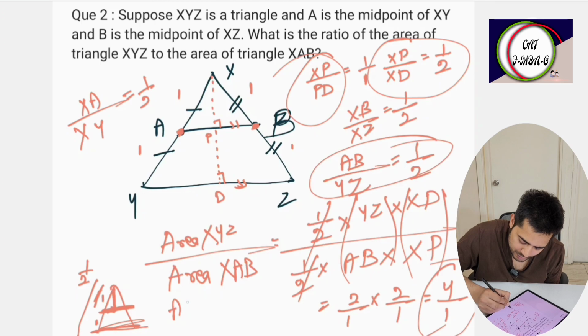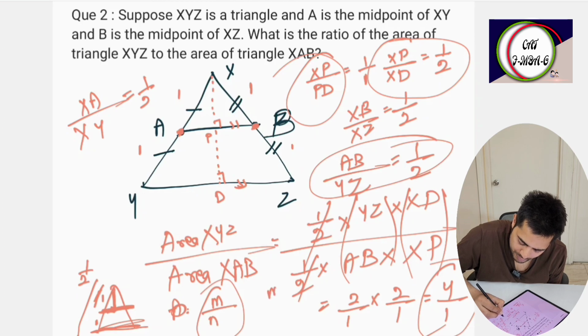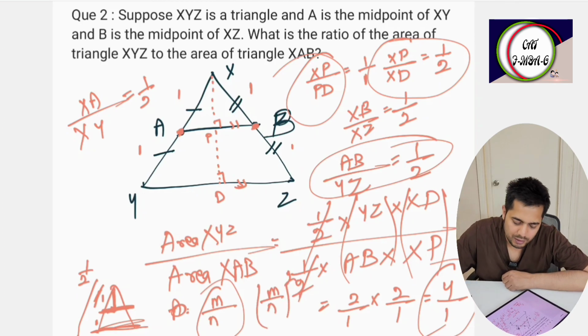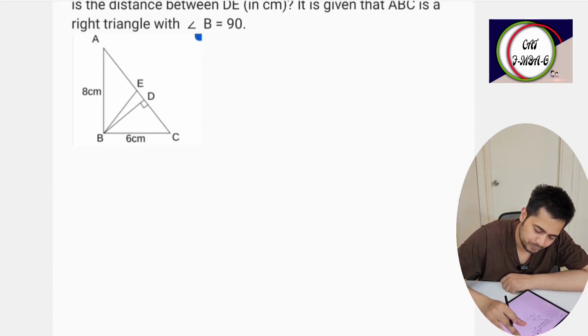And area will be divided in the ratio of, if the ratio of sides is m by n, then area will be m by n square. Like this you have to use. Let's move ahead to the next question.